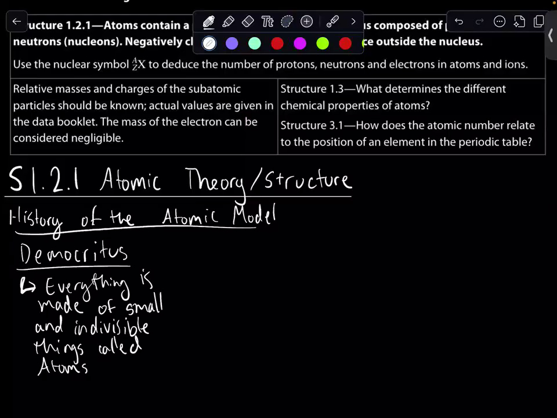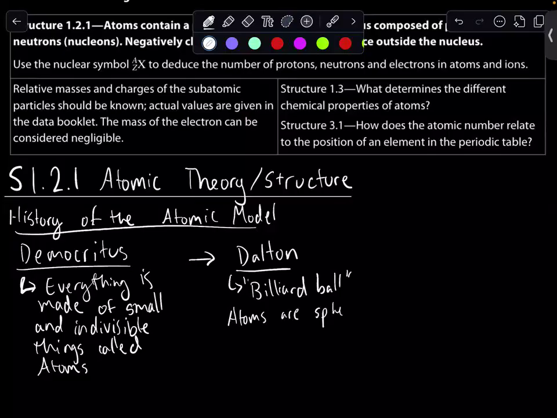So before we figure that out, we move on to Dalton. Now, Dalton had his billiard ball model, and he said atoms are spheres. And then he said that all atoms of the same element are identical.